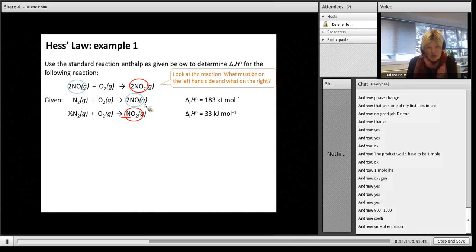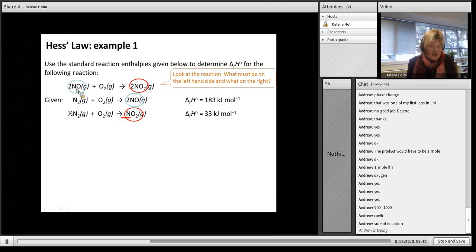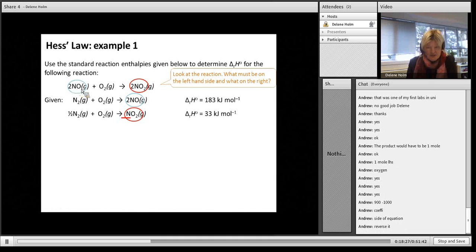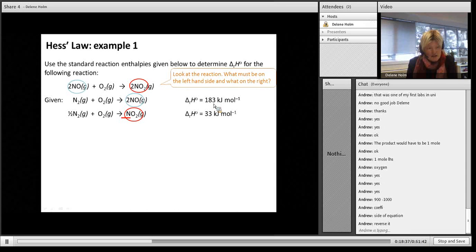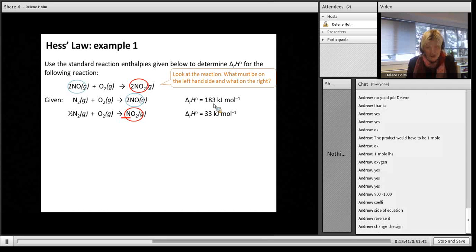So I've got to do what to this given equation here? What must I do to it to get it to the left-hand side? I have to reverse it. And if I flip this around, so the NO is on the left-hand side and the N2 and the O2 on the right-hand side, what do I need to do to the 183? I have to change the sign.